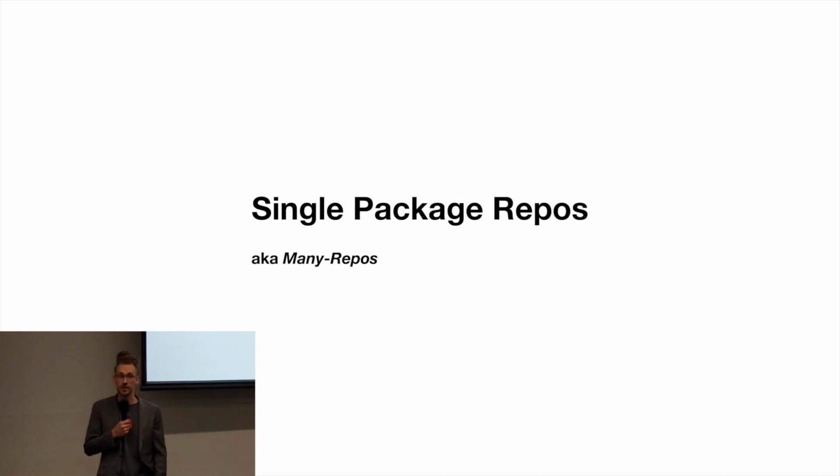If you're the maintainer, there's probably a build script and a publish script and those kinds of things. Everything for that package is in that repository and nothing else. Maybe some documentation, but that's about it. So that's what I mean when I refer to single package repos or many repos, because you have many repositories for many packages. This is the standard or the classic way of doing things.